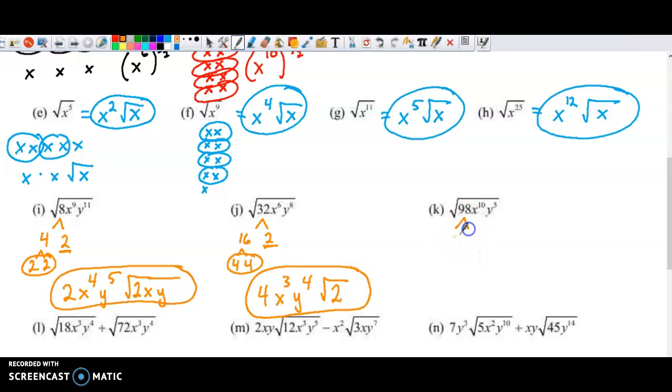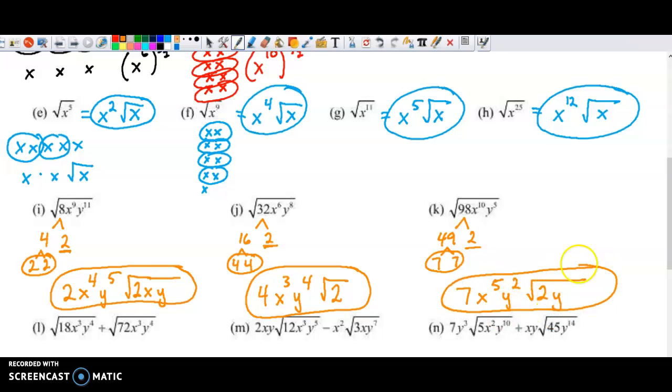So I can do the same thing with the next one. We have 49 and 2, 7 and 7, pair of 7s, but we have that root 2 left over. We have x to the 5th, y squared with a y left over. Now, I wouldn't be surprised if I've made a mistake.